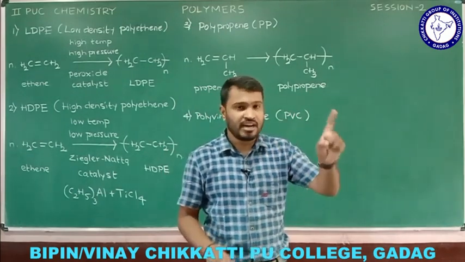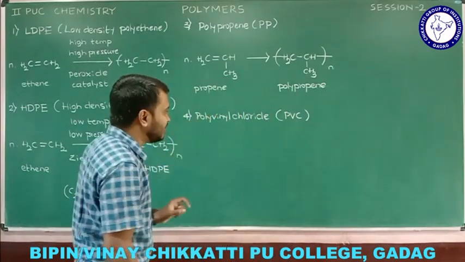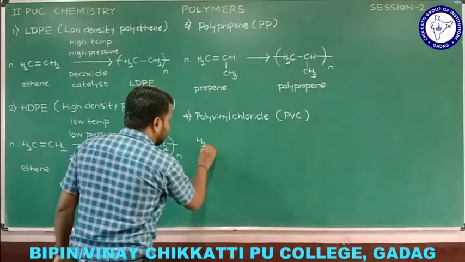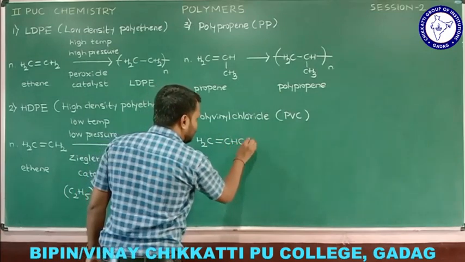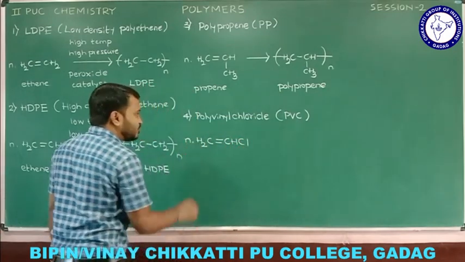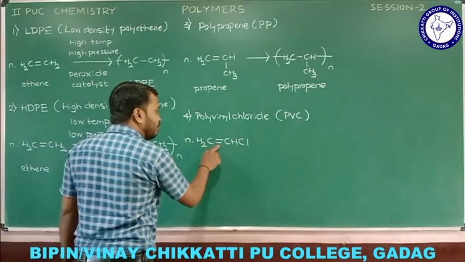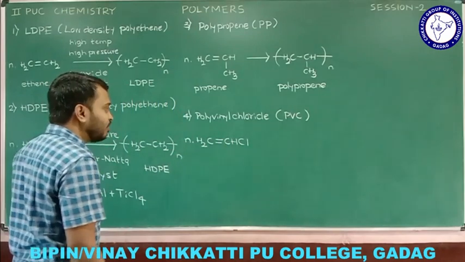Of course, a carbon-carbon double bond will be present in vinyl as well as in allyl. Vinyl chloride, and the structure I am going to write here: CH2 double bond CHCl. So this is the structure of vinyl chloride. Carbon-carbon double bond we have, Cl I have written, therefore we call it vinyl chloride.